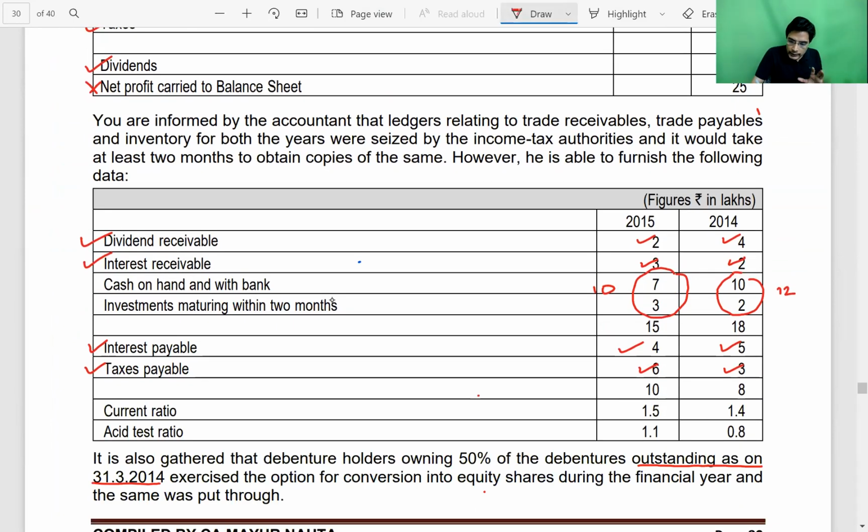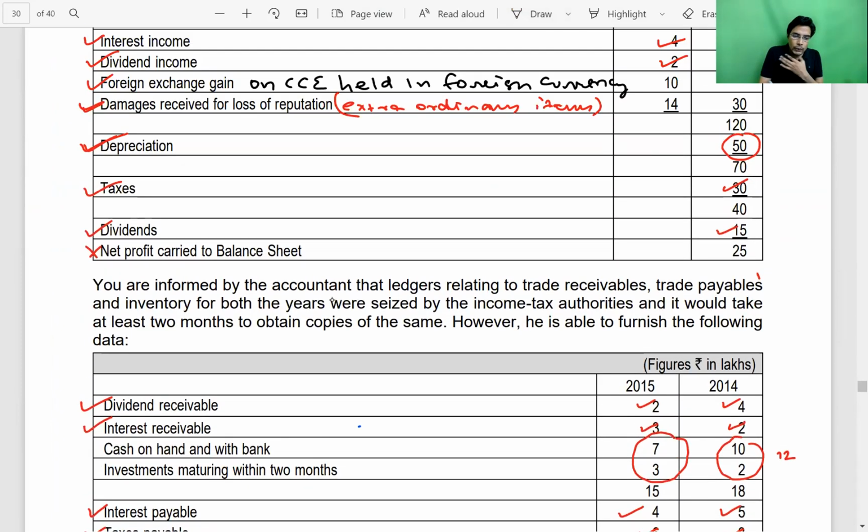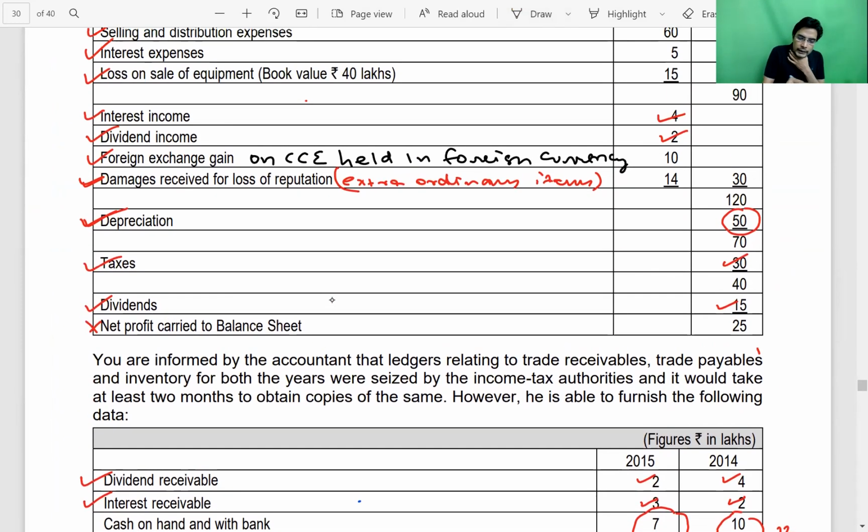I repeat, this CCE is the information of balance sheet CCE. Balance sheet CCE will be reported at the exchange rate existing on the balance sheet date, means after considering the exchange gain. But in the cash flow statement we didn't consider this gain, we didn't consider it as an inflow, so our net cash flow will come less.